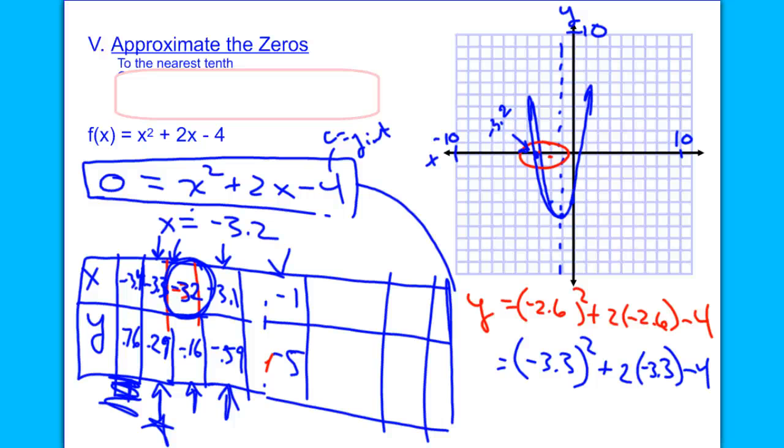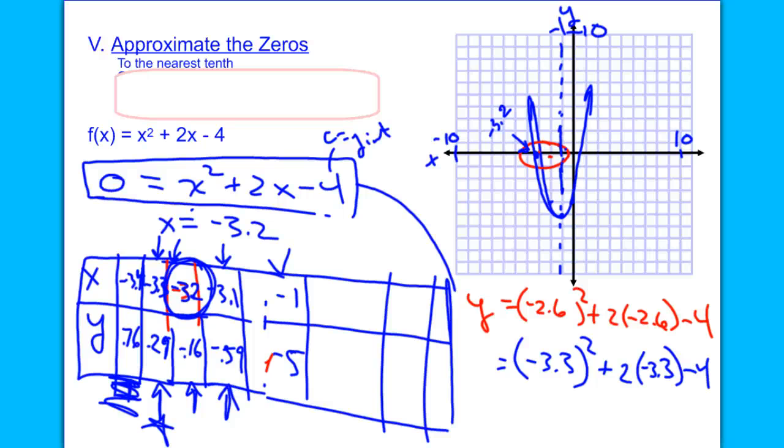Come on, what about this parabola graph can help us right away find it? Riley? The axis. How far away from the axis of symmetry is -3.2? Where was the axis of symmetry? At -1, right? -1. So how far away from -1 is -3.2? 2.2, right? 2.2 that way.